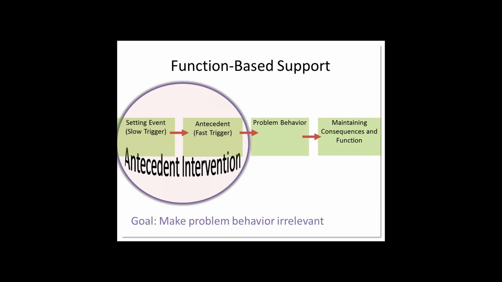It might also be that there's some work going on with the parents or with the community support. It might be that there is some additional support being given from a social worker or a guidance counselor for the student. They might be in a small group, and they might also be in one of those more intensive groups, such as for anxiety, at the same time. So there are more levels of support coming out of that complex FBA.